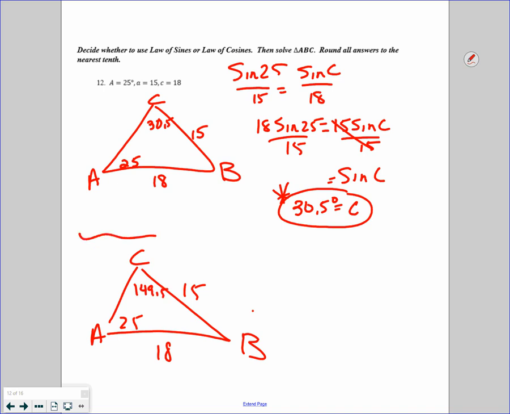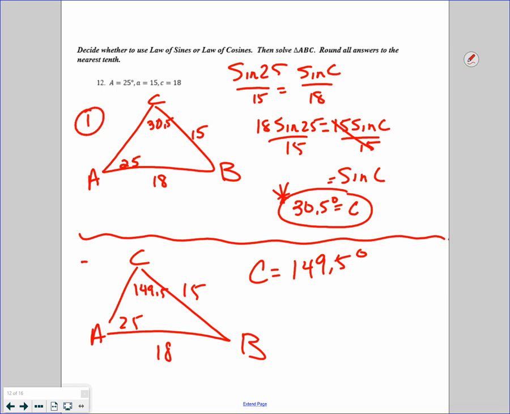So here we go. We've got two pictures going, and angle C in the second picture is 149.5. Now I'm going to do the rest of the picture separately. So we'll call this picture 1 and picture 2. If C in the first picture is 30.5, that means angle B is 124.5.